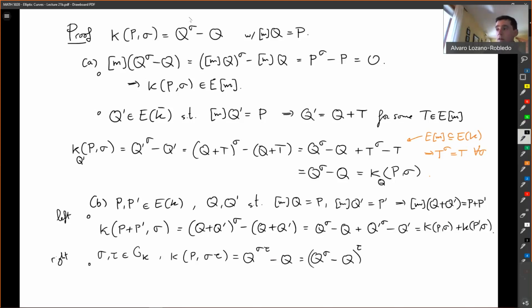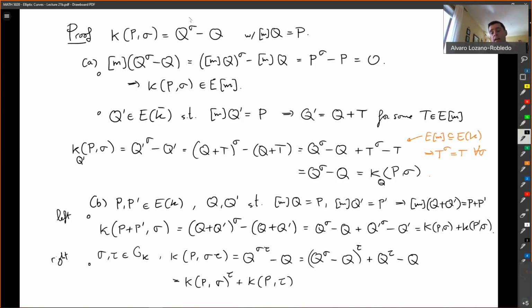So I can add and subtract Q tau to the equation to get an equality, and now make Q sigma minus Q and Q tau minus Q appear. Okay, so this is kappa of P sigma with tau acting on it, plus kappa of P tau.